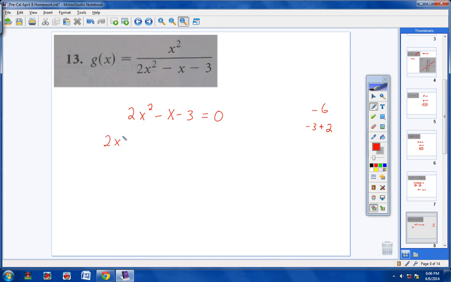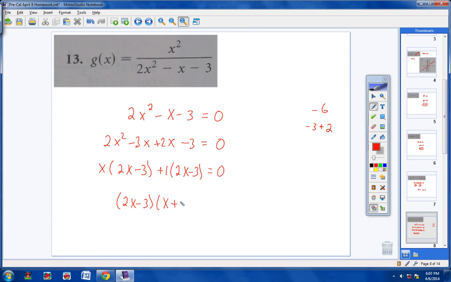So bring down your 2x squared. Put a -3x here, put a +2x here, bring down your -3. Pull out what's common in the first two, that'd be an x, and you're left with 2x minus 3. Pull out what's common here, that would be a 1, and you're left with 2x minus 3. Now write your matching parentheses once, and you're left with x plus 1.